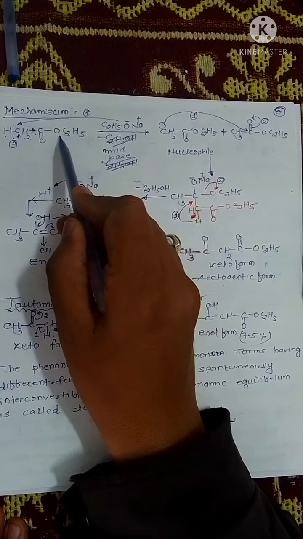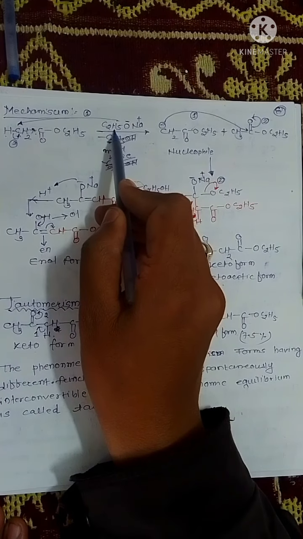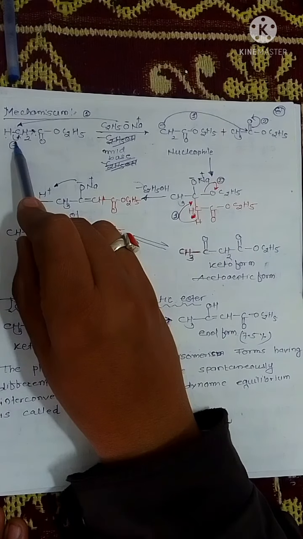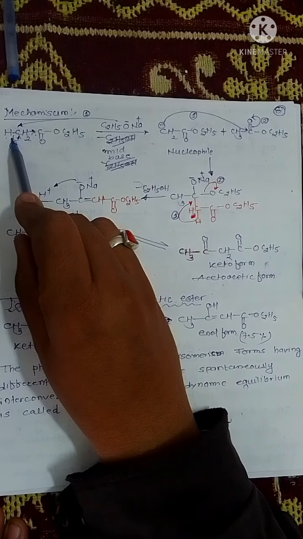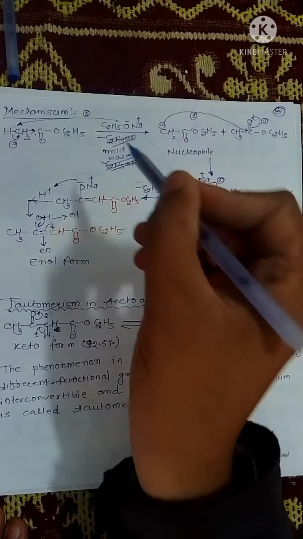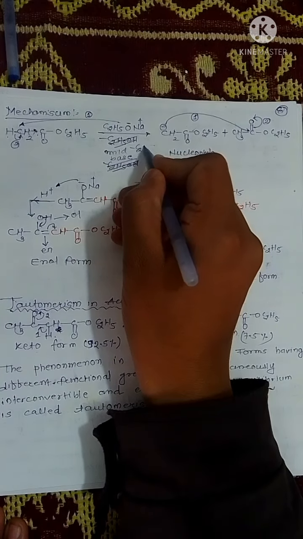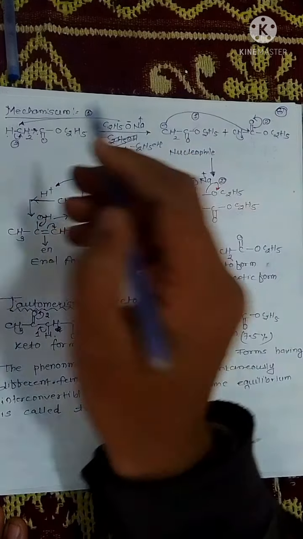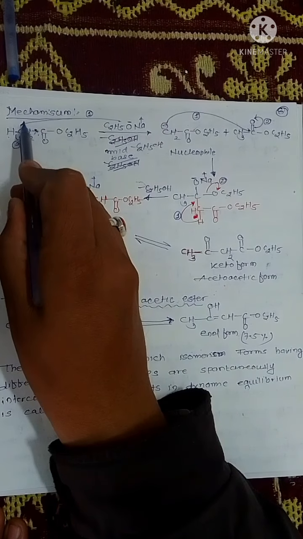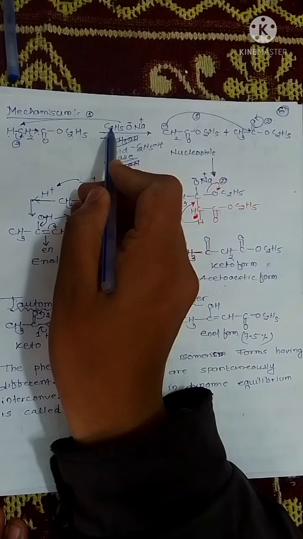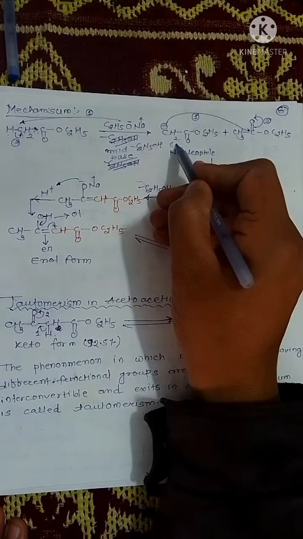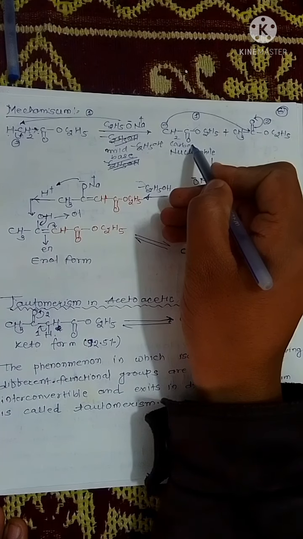When this ethyl acetate is refluxed with a mild base, that is sodium ethoxide, one of the hydrogens, that is the alpha hydrogen, is taken away by sodium ethoxide and C2H5OH basically goes away in the reaction. This carbon gets a negative charge because the proton is removed by a base. That is basically the formation of a carbanion.